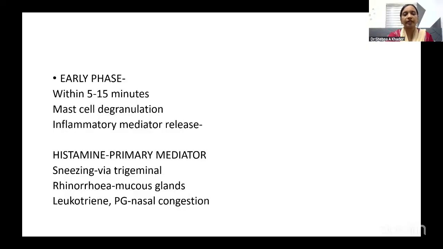That is, inflammatory mediators are released, out of which histamine plays a very important role as the primary mediator, resulting in sneezing by the trigeminal nerve and rhinorrhea by stimulation of the mucous glands, and certain other mediators like leukotrienes and prostaglandins are released, resulting in nasal congestion. This is the early phase, which happens immediately after allergen re-exposure.